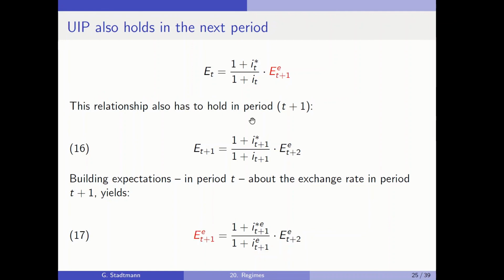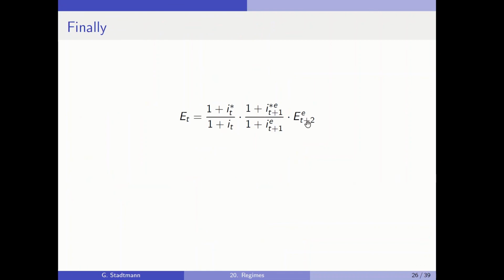When you now look at this relationship, we have in our UIP condition the expected exchange rate for t+1, and we know what kind of variables are influencing it. Let's insert the right-hand side into this equation, and then we get to this relationship here.